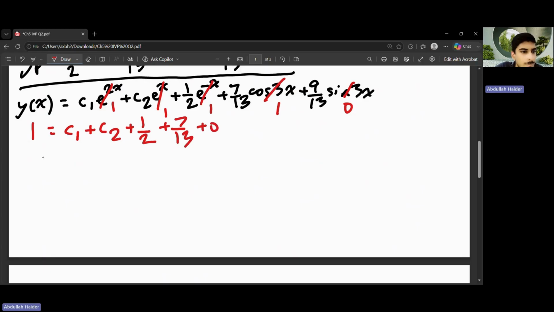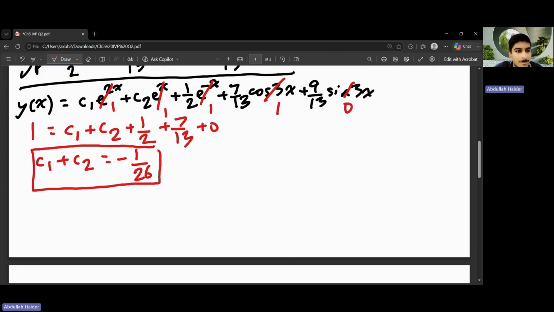So here C1 plus C2 should end up being negative 1 over 26. Once again, this is your first linear equation.